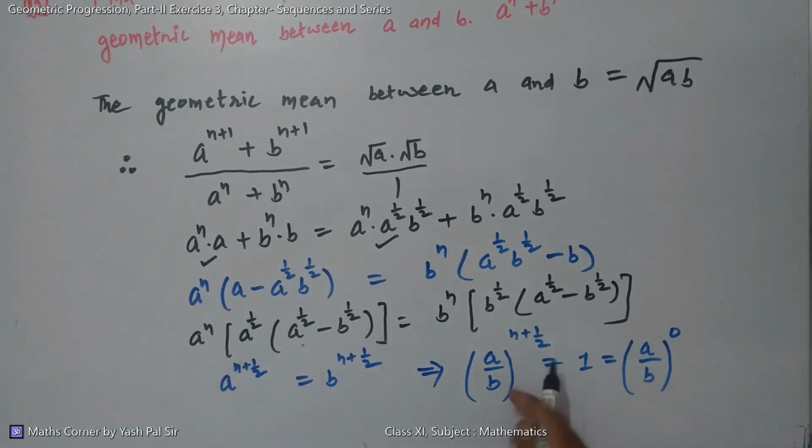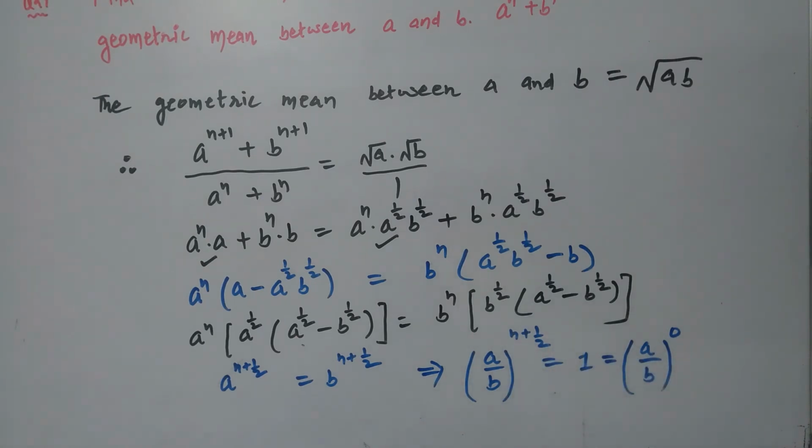Meaning to say base is same, a upon b, so exponent should also be same, that is n plus 1/2 should be equal to 0. From this we find the value of n, which is equal to minus 1/2. So this is the required value.